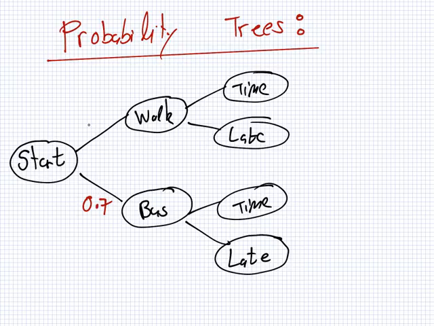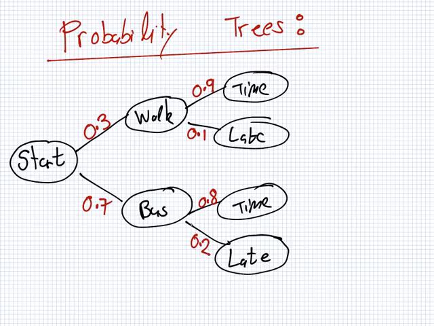And then here there's a 0.3, then there has to be a 30% chance that they walk, because the total still makes 1. Now, if they walk, we'll say there's a 0.9 chance they're on time, but a 0.1 chance that they're late. And if they take the bus, we'll say there's a 0.8 chance that they're on time, and a 0.2 chance that they're late.